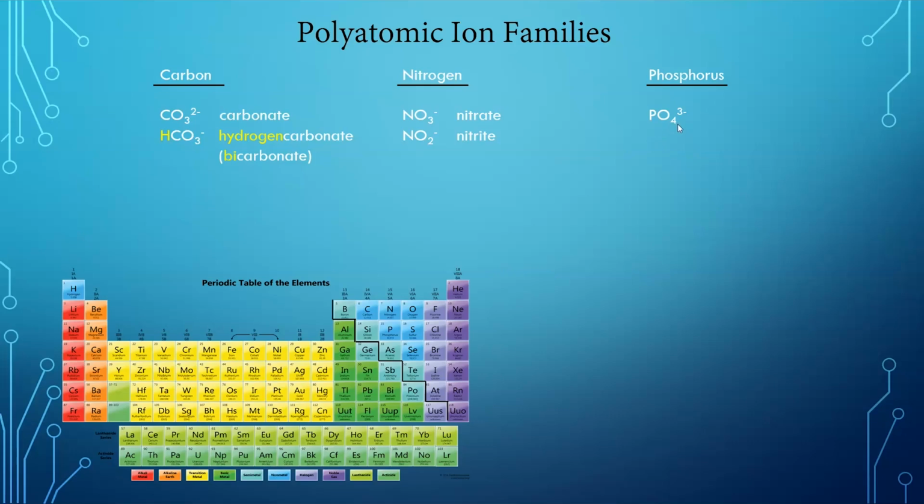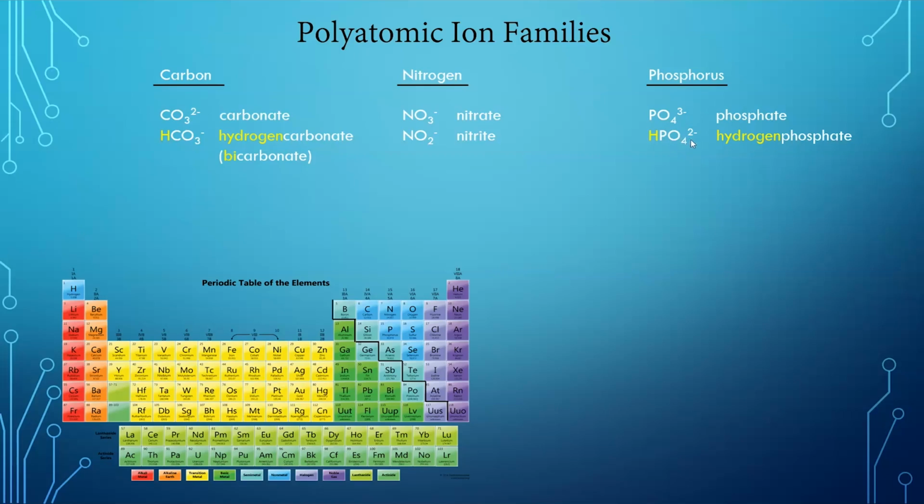And again, we can use our little math trick. 4 oxygens would need 8 electrons. Phosphorus only has 5. That leaves a deficit of 3, thus the -3 charge. And we simply call this a phosphate ion. So phosphorus becomes phosphate. Because it has a charge of -3, we can definitely add a hydrogen to it, and that will reduce the charge by 1, and we'll simply add the word hydrogen to the front of the name.